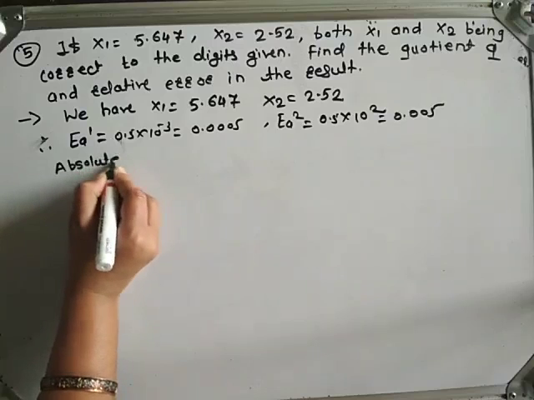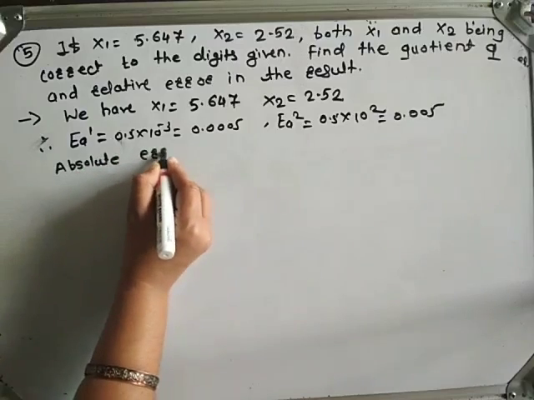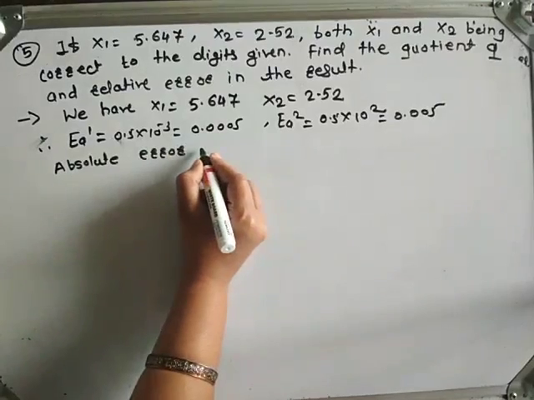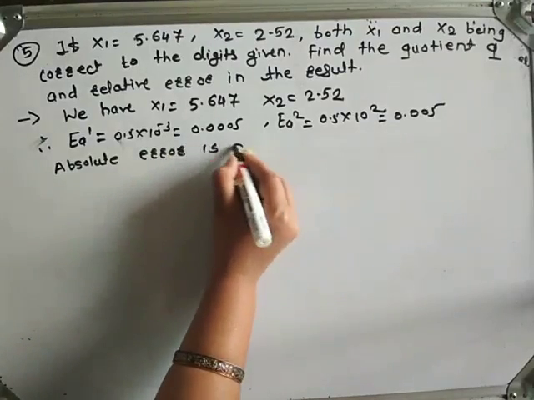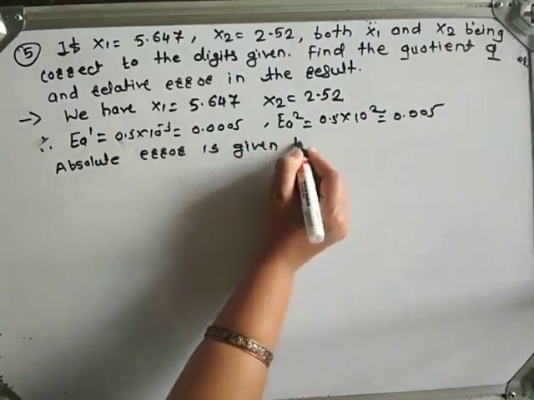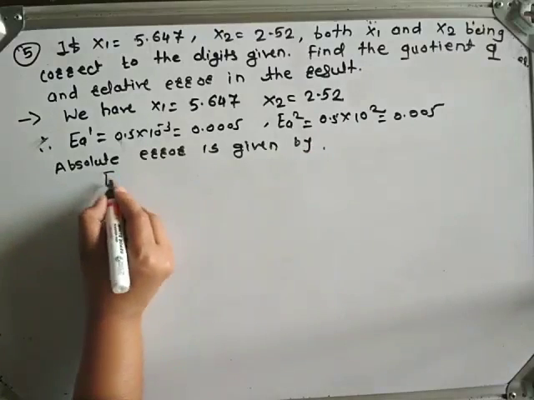The absolute error is given by, what is the formula?